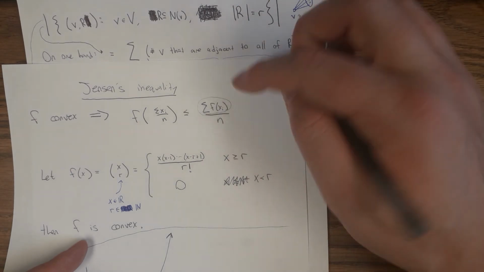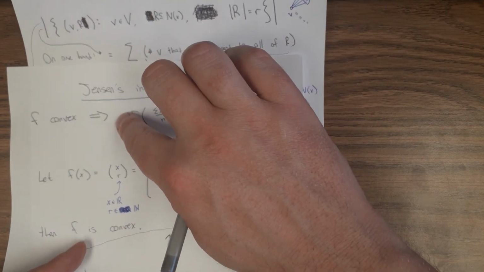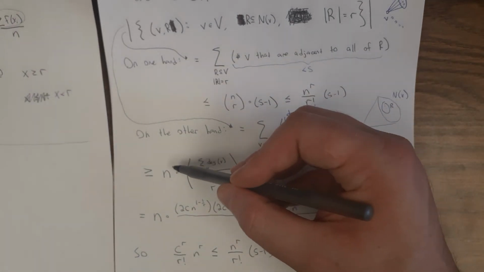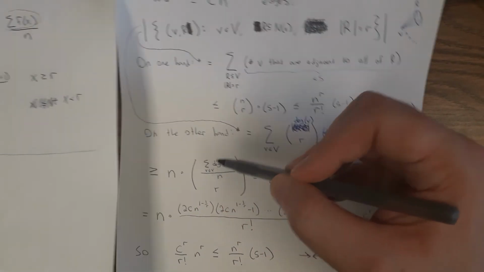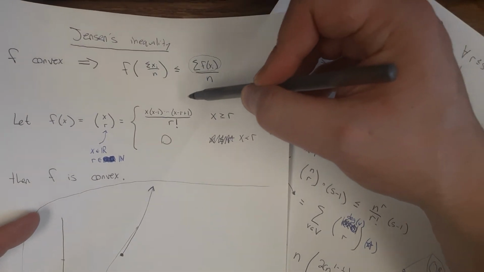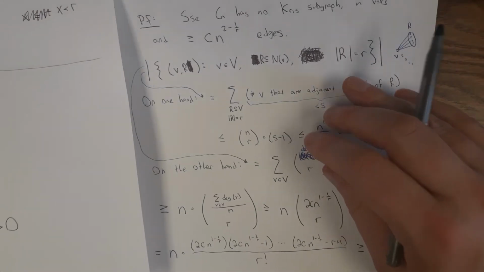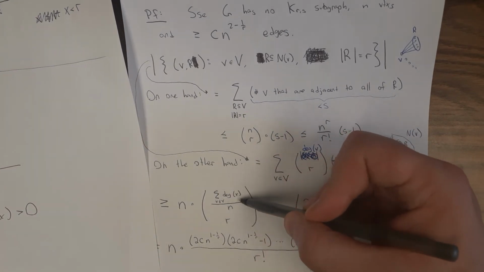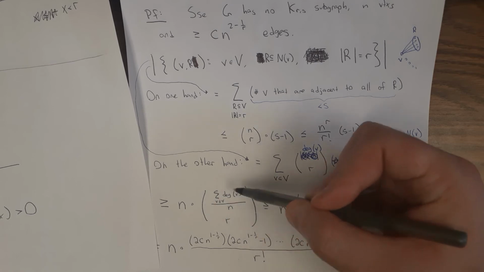That should be greater than or equal to n times this. n times this would be plugging the average of these numbers into f.